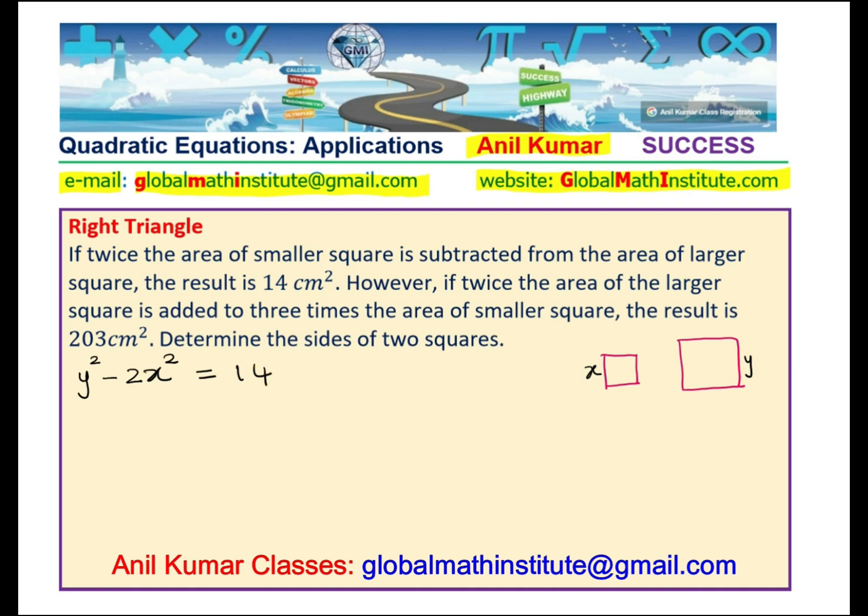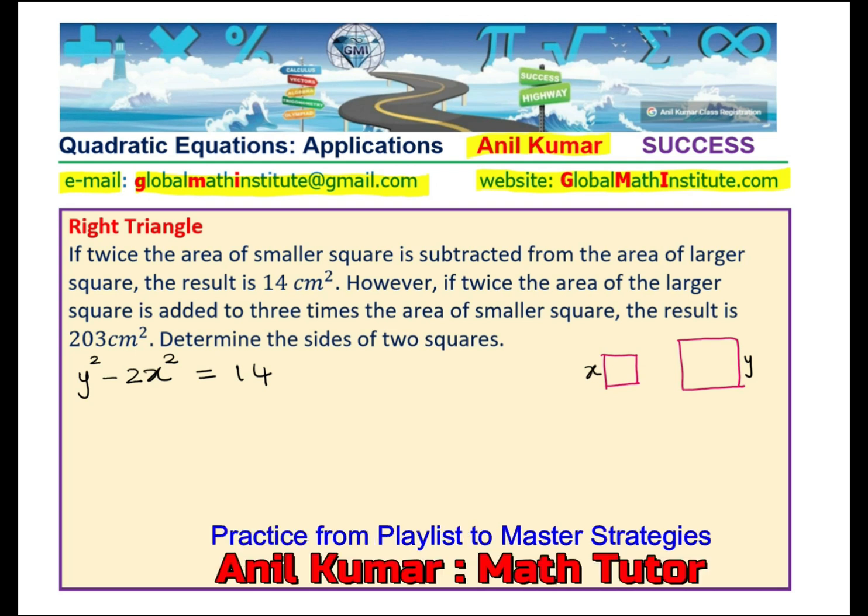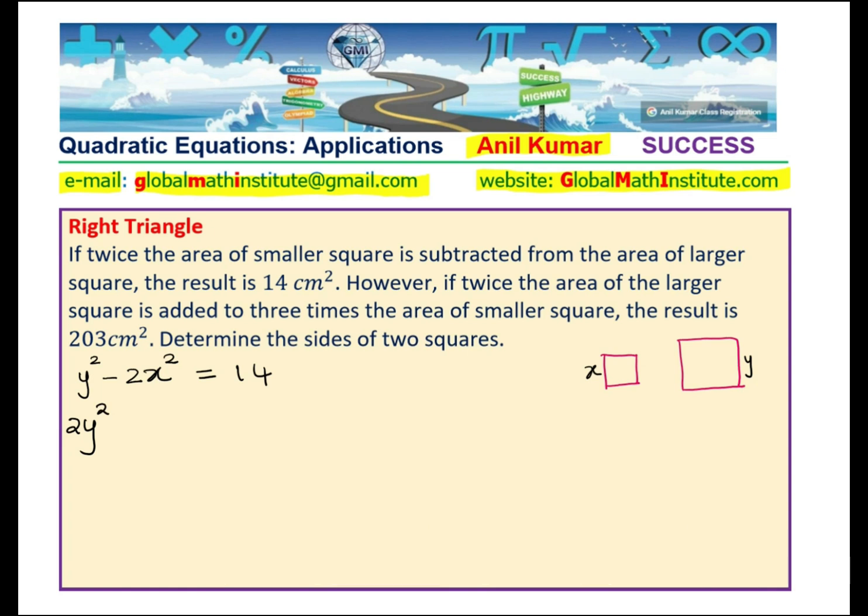However, if twice the area of the larger square, which means 2 times y square, is added to 3 times the area of the smaller square, what we get is 203.